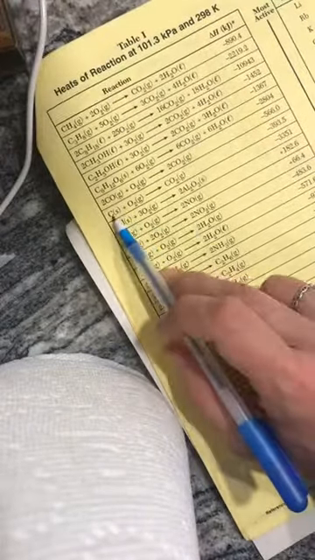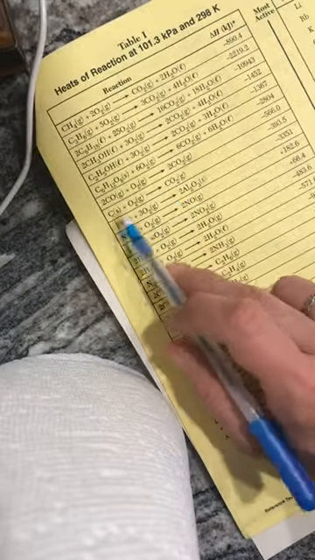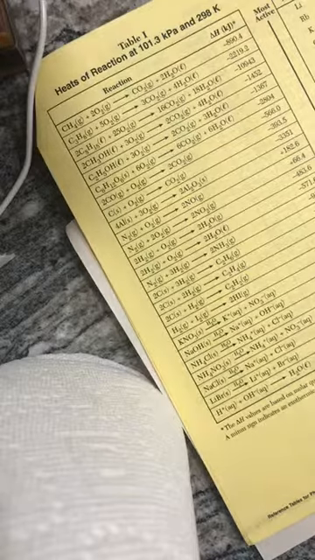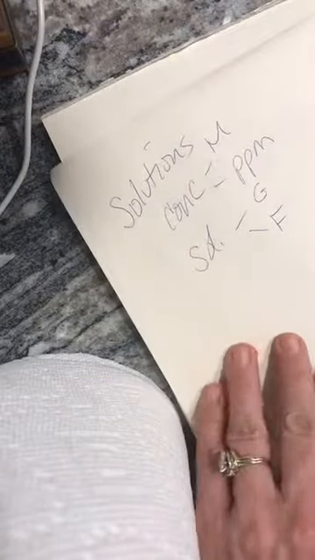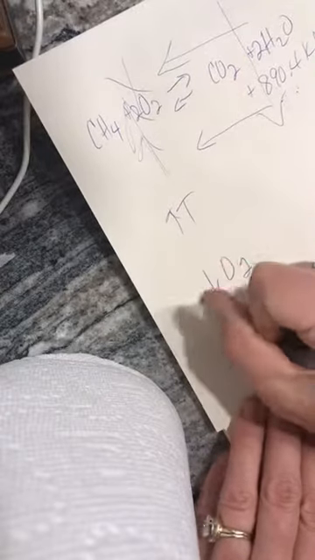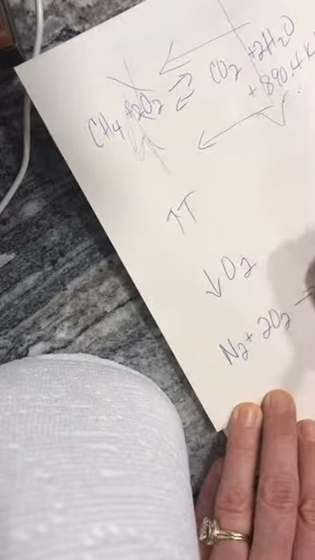Another thing that could happen is this might be a reaction, but instead of being 1, 1, and 1, it might be 2, 2, and 2, which means you got to double this number. So those are like all the tricks or all the things that you need to do with table I. If you need to write in the actual value, so let's do this reaction. N2 plus 2 O2s make 2 NO2.